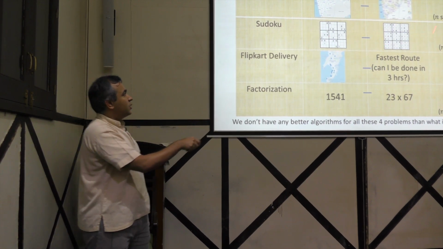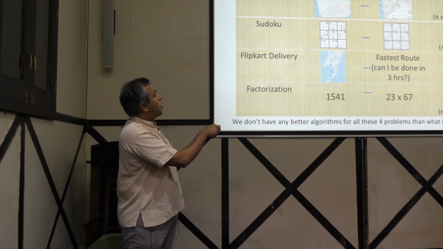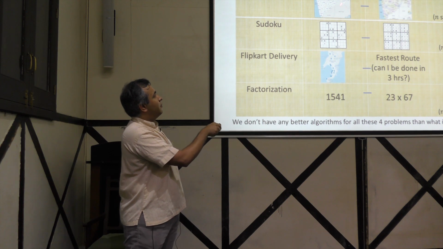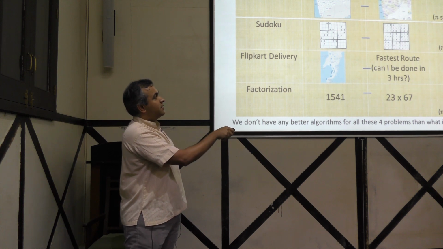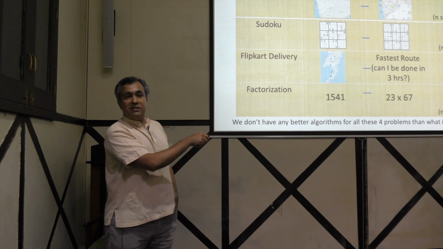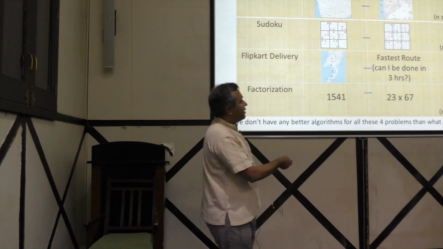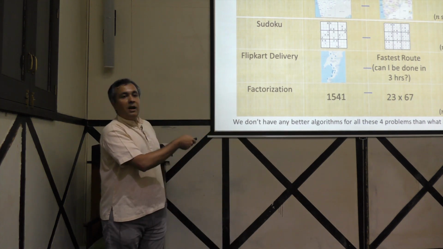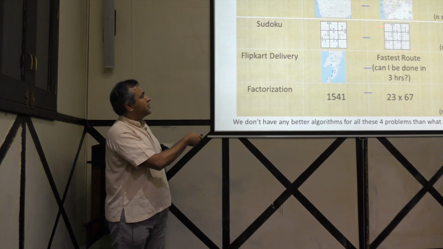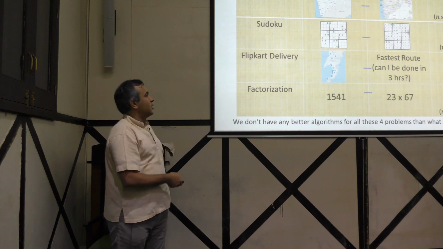For instance, when you have a map with say 50 districts, the current best algorithm runs in 2 power 50 steps. That's far, far more than the age of the universe. So none of these algorithms are practical. Unless it's a very, very small problem size, you can't really use these algorithms.